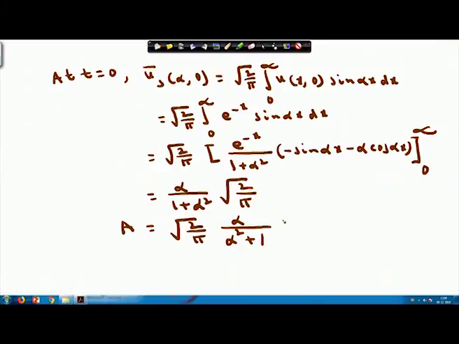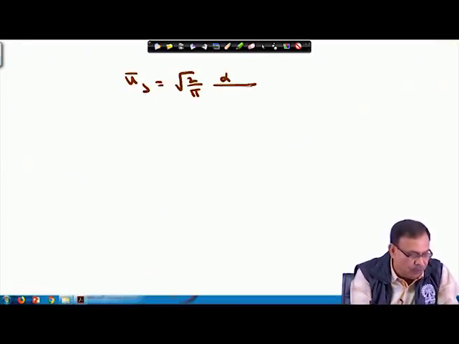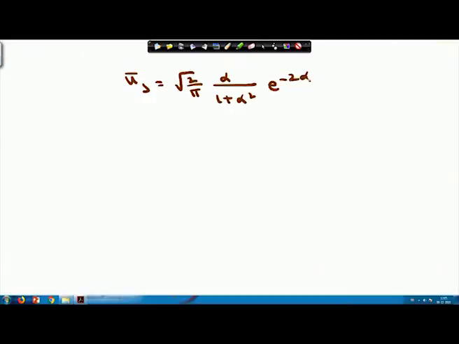And if I substitute it in the given equation, my u bar s now becomes root over 2 by pi alpha by 1 plus alpha square into e power minus twice alpha square t. And once I have obtained u bar s in terms of alpha and t, we can find out our u x t.